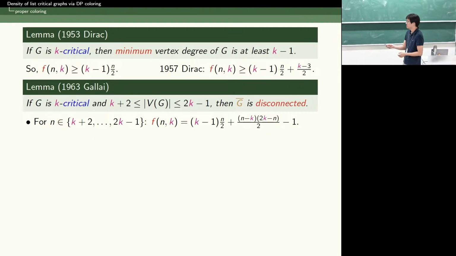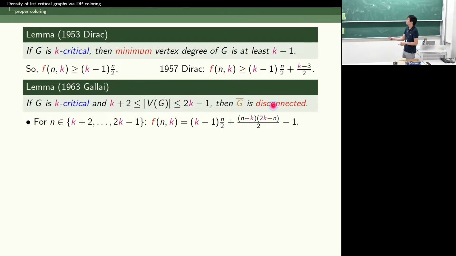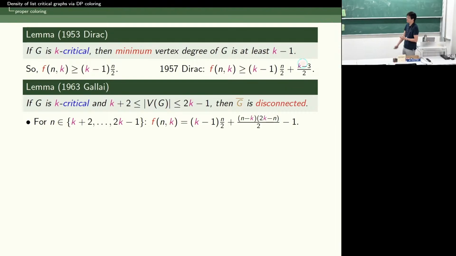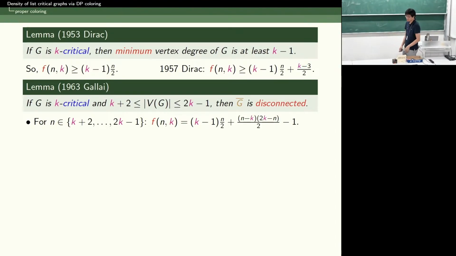And if you look here, this is k minus 1 times n over 2, which is the bound you get from Dirac. And then you have something that involves both n and k, just to show that this is a better bound than Dirac's bound. Okay. But of course, you want to do something more general, because the catch here is you don't have too many vertices.